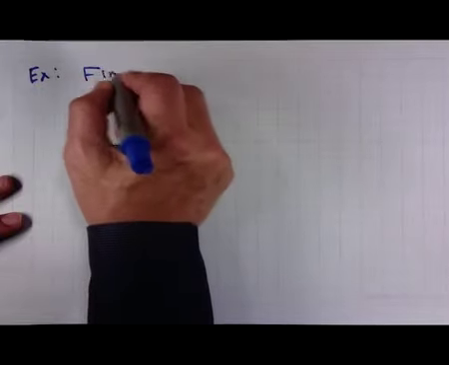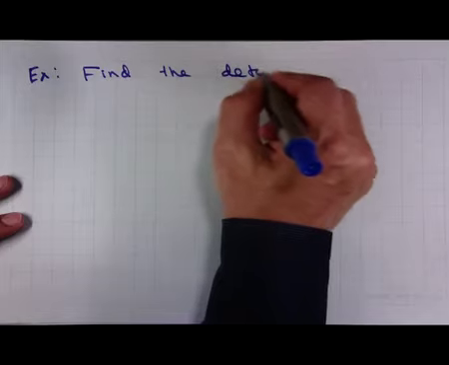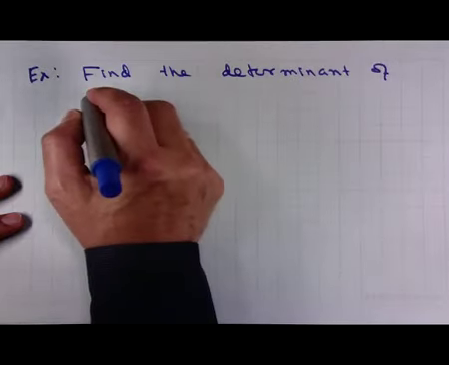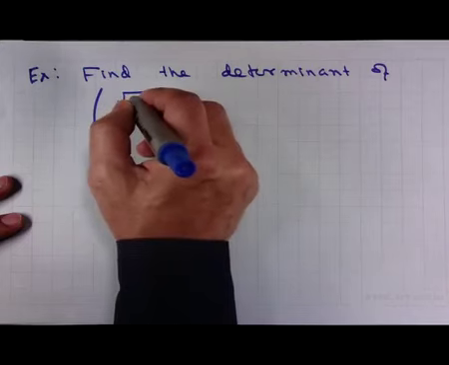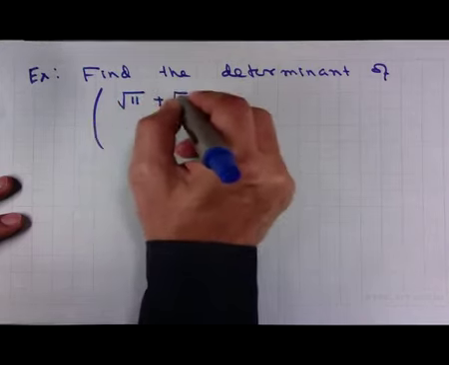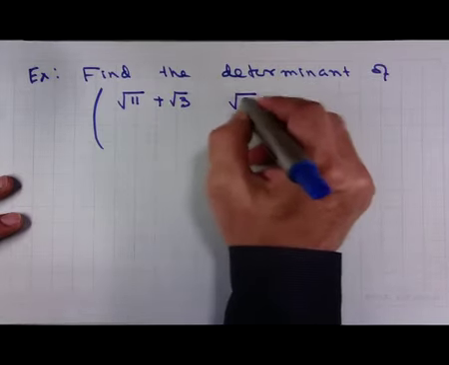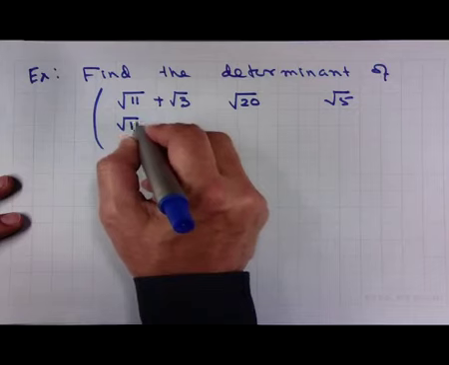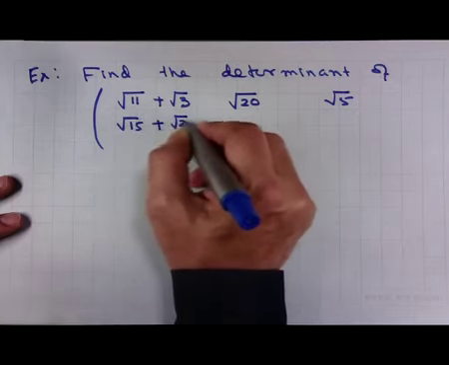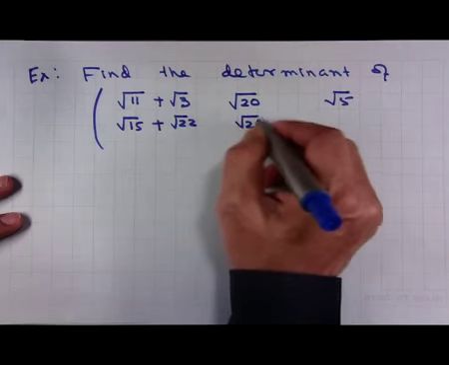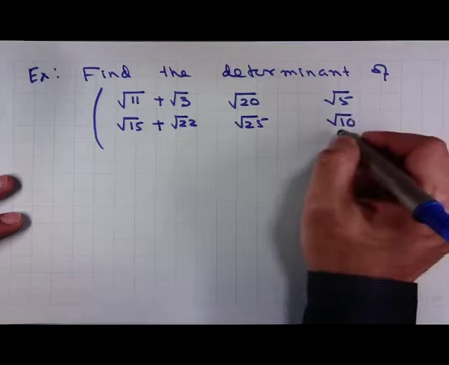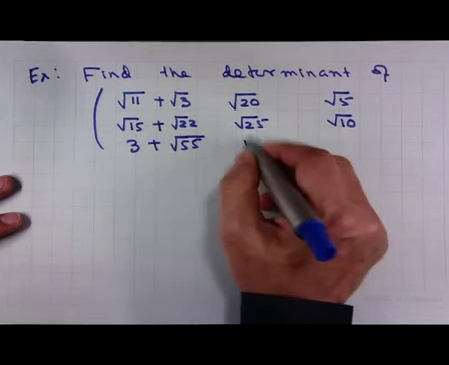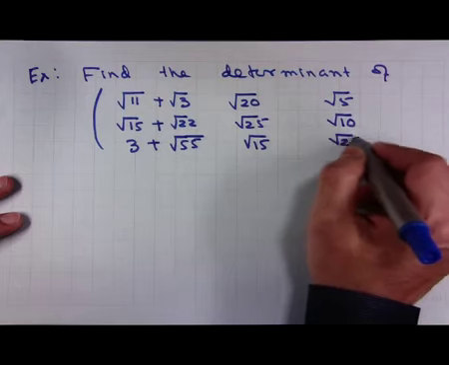Find the determinant of the matrix with rows: root 11 plus root 3, root 20, root 5; root 15 plus root 22, root 25, root 10; 3 plus root 55, root 15, root 25.